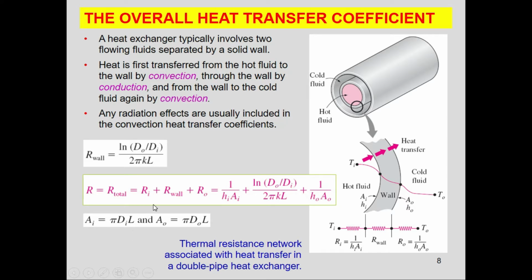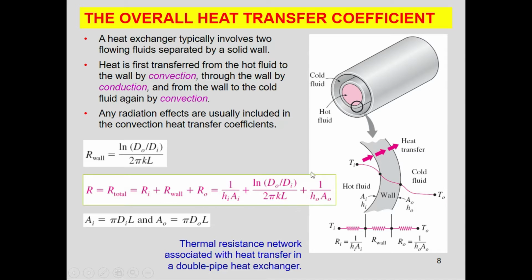So if we want to determine the overall resistance for the heat which is moving from this point to this point, from this higher temperature to this lower temperature, the total R total can be determined by adding all the resistances, the inner resistance, the wall resistance and the outer resistance.